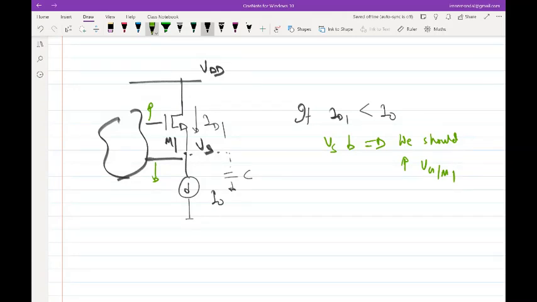You will see why in the next class. But is there another handle? Vg is the handle, right? So I have to increase Vg.